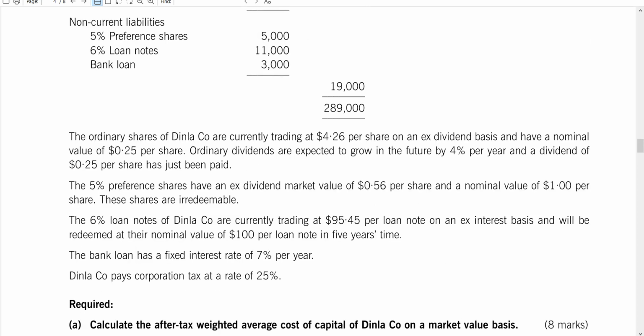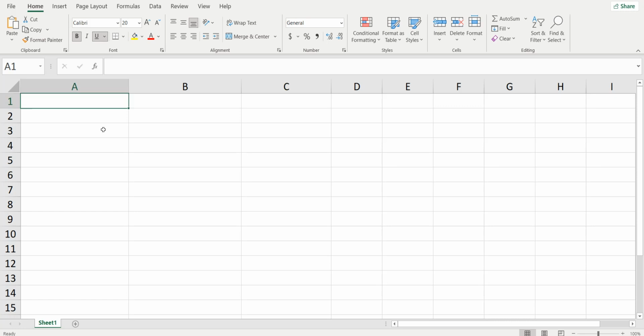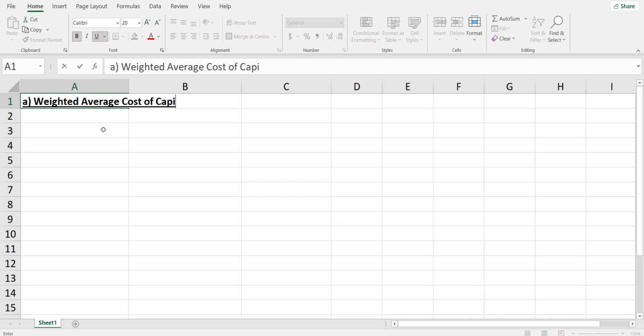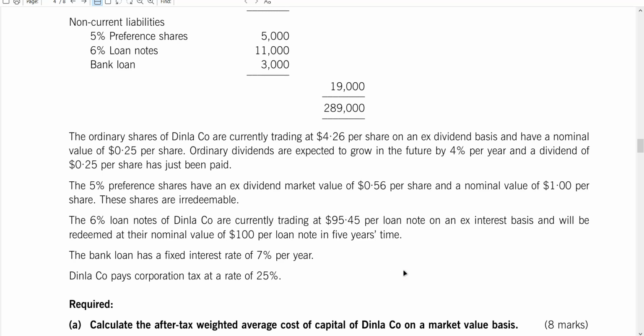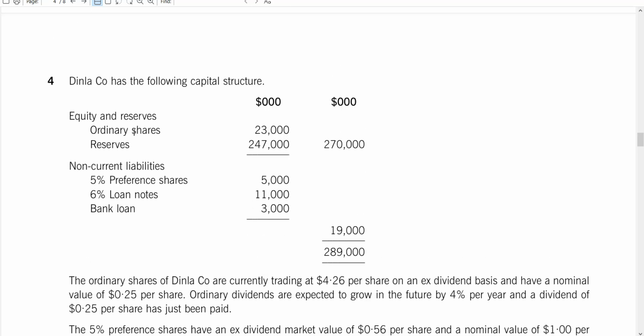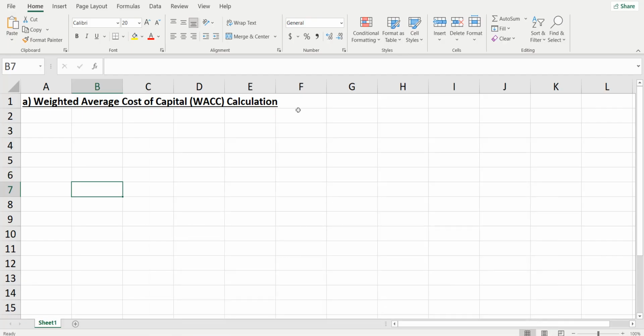Okay, so let's do this question. We have ordinary shares, preference shares, loan notes, and bank loan.